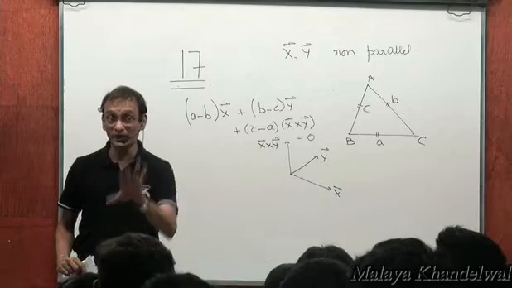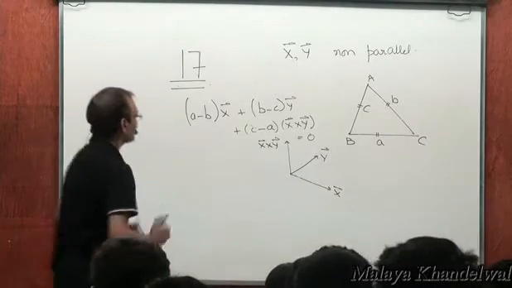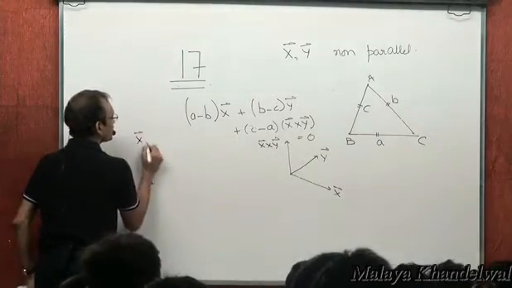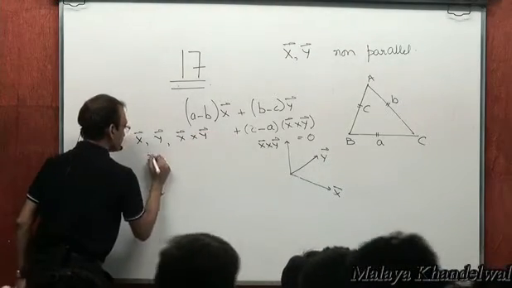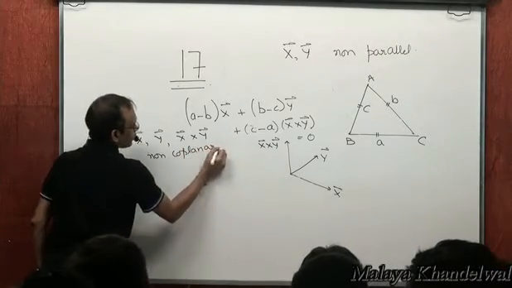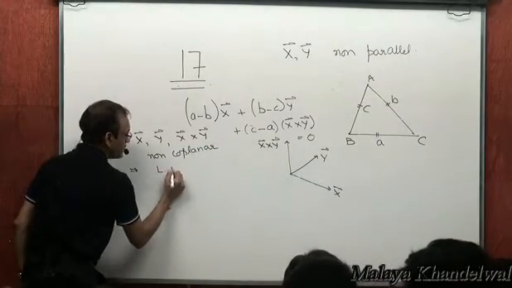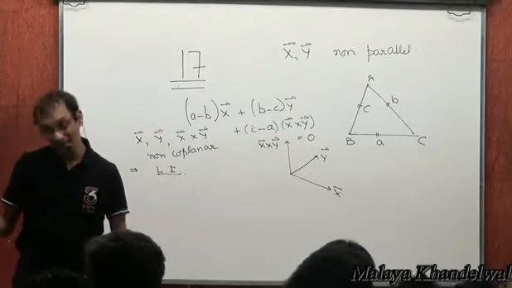If they are non-coplanar, they must be linearly independent, right? Linearly independent vectors could be used as base vectors.